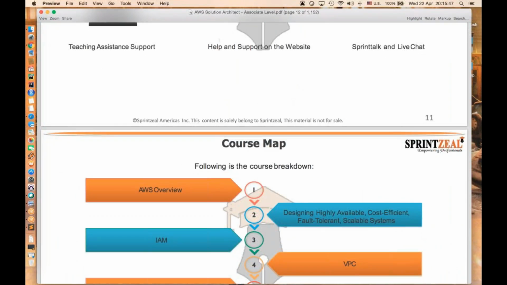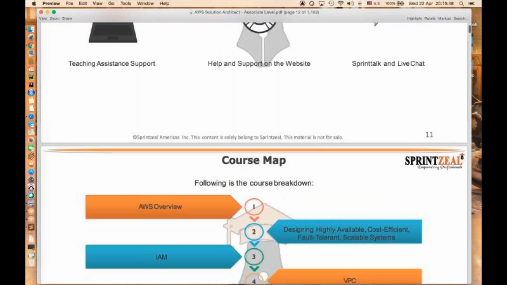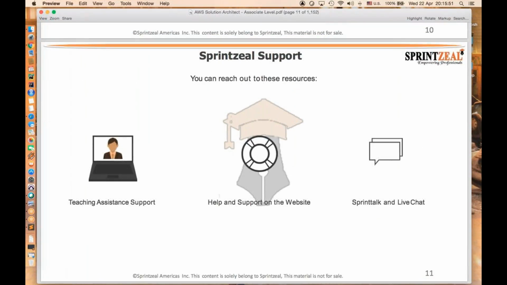Can I ask a question? Is high availability the same as one of the advantages of AWS in terms of, like you said, reliability? Yes, high availability is one of the features given by AWS.